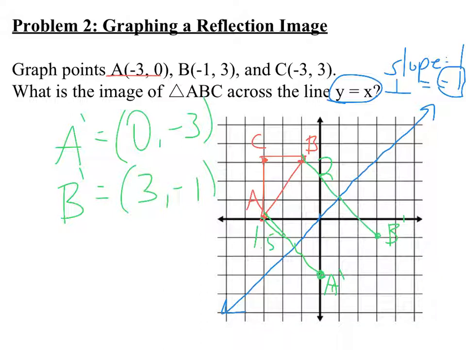Same thing with C. If I draw a line with a slope of -1 from C, 1, 2, 3, I have to go 3 in that direction to get to the line, so I continue that direction 3 more. And there is C prime, sitting at the point 3, -3. And this is what my triangle will look like.